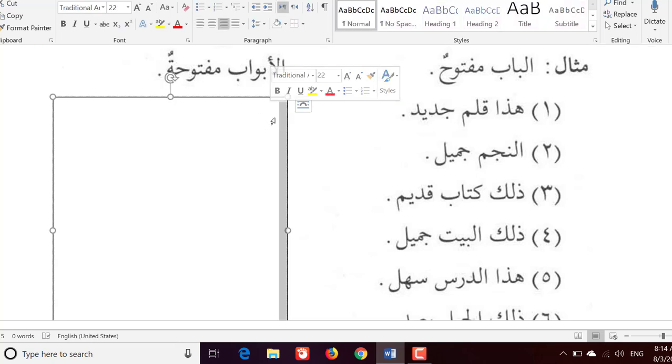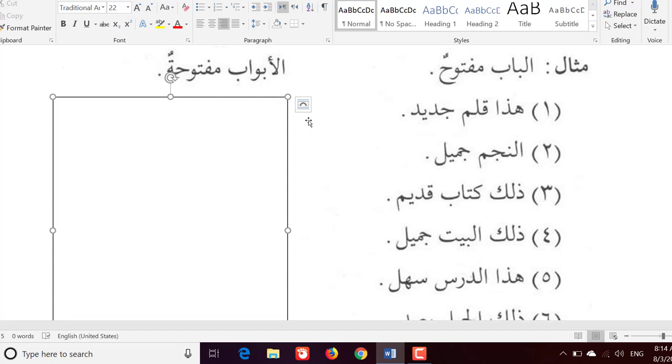And so here it says, هذا قلم جديد. So if we're going to change qalam to aqlam, then the first change we're going to make is, yeah, we can make that bigger. هذه أقلام.